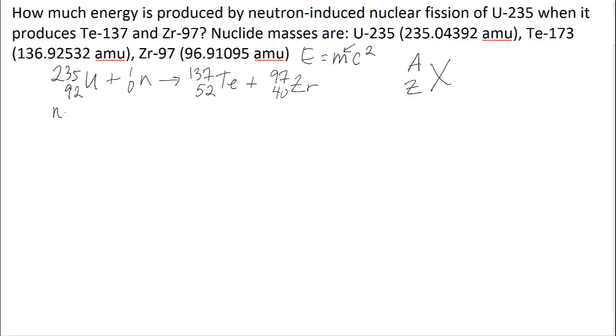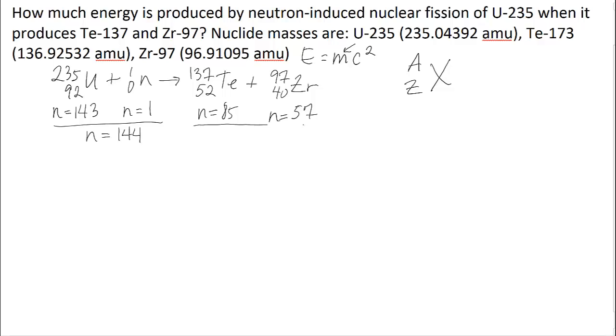The number of neutrons in the uranium-235 is 143, and of course the neutron contains one neutron because it is a neutron. Together you have 144 neutrons in the reactants. Tellurium, if you subtract 52 from 137, you get 85 neutrons, and zirconium has 57 neutrons.